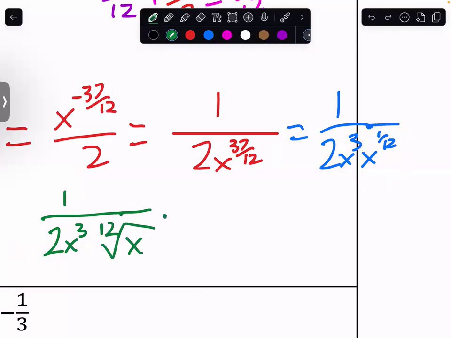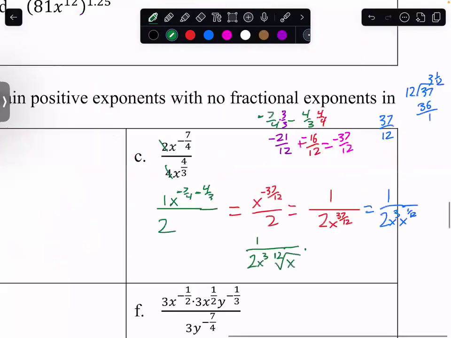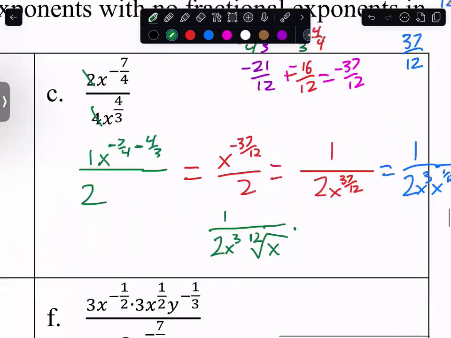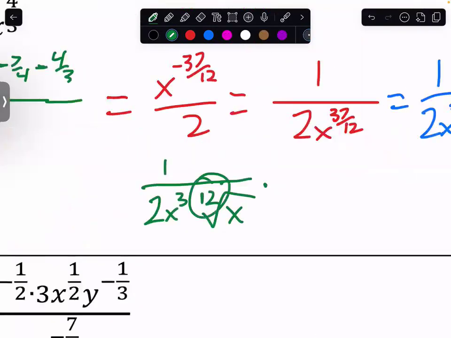And then now, just sort of similar to what we did earlier, we want to match the index of 12. Right now, it's only an invisible 1, right? So how much more do you need to get from 1 to 12? You need 11 more. So you would multiply by the 12th root of x to the 11th power.